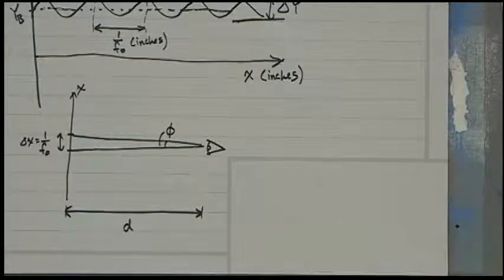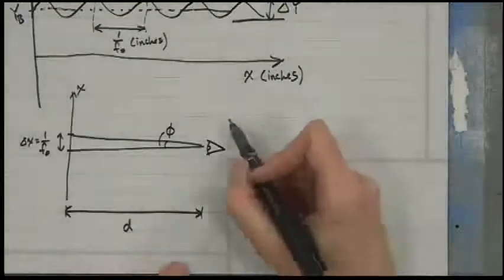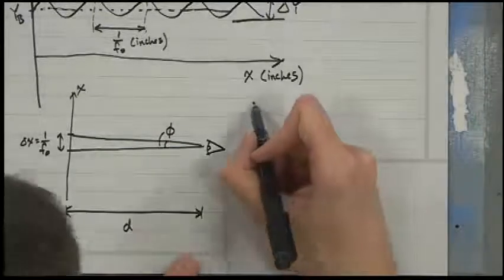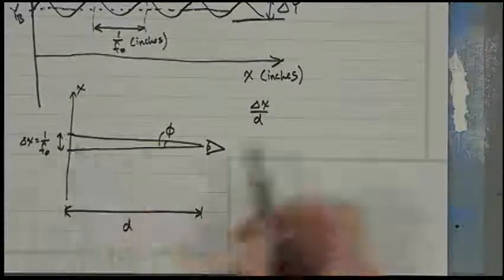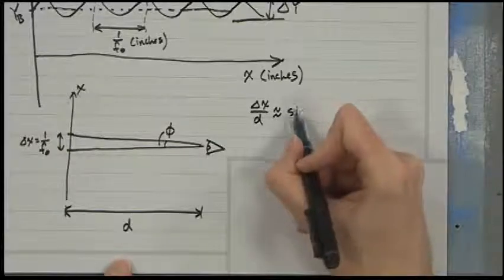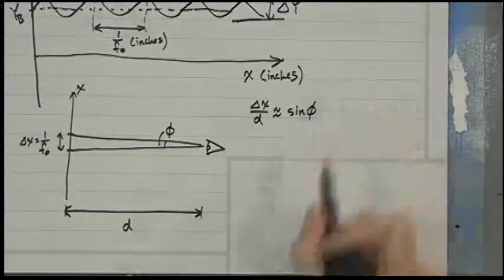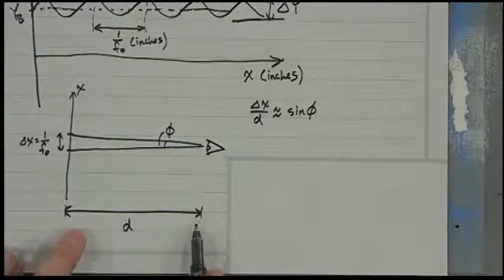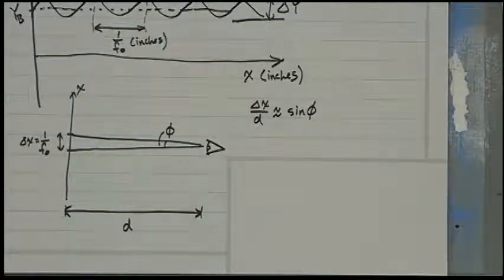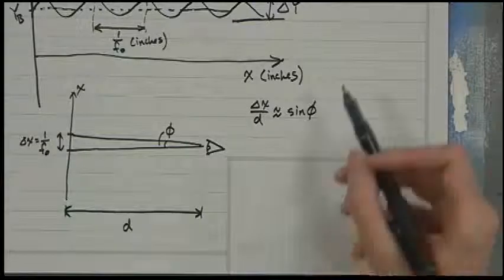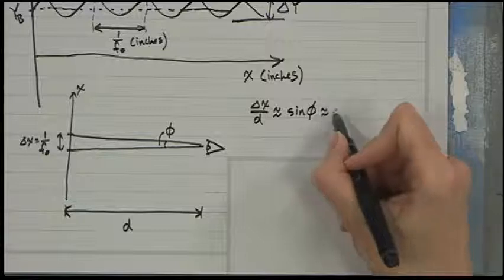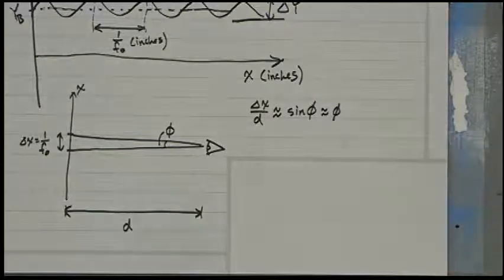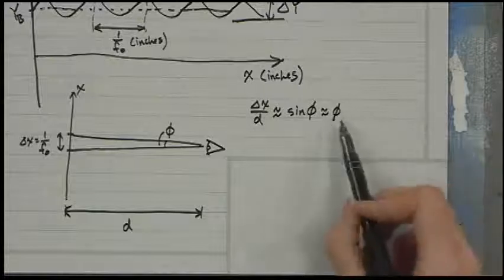The expression that's given in the notes uses a couple of approximations. We have the relationship that delta x over d is approximately the sine of that angle, if d is much bigger than delta x, which is a pretty close approximation. Another approximation, if phi is small, is that this is approximately equal to just phi, because sine has a slope of 1 around phi equals 0.